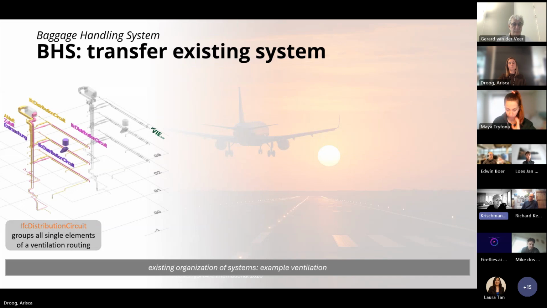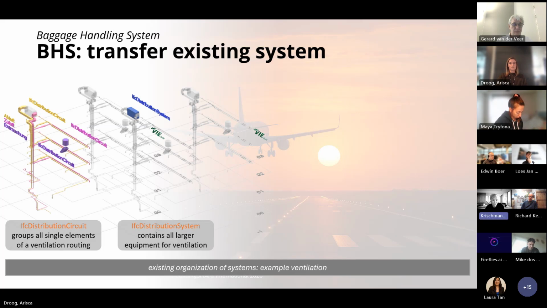So we can say, okay, we've got an IFC distribution circuit that combines all these single elements for routing. The next one would be a distribution system, which contains all larger equipment, for example, ventilation.